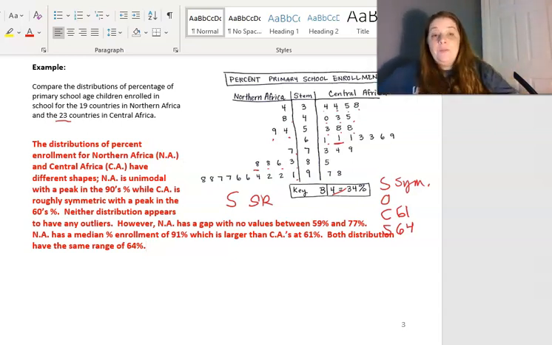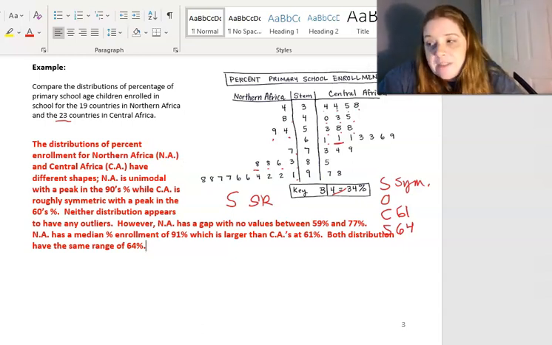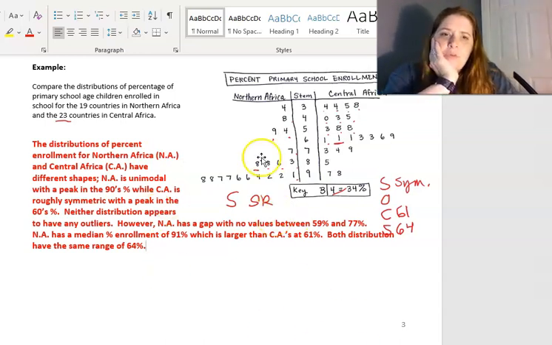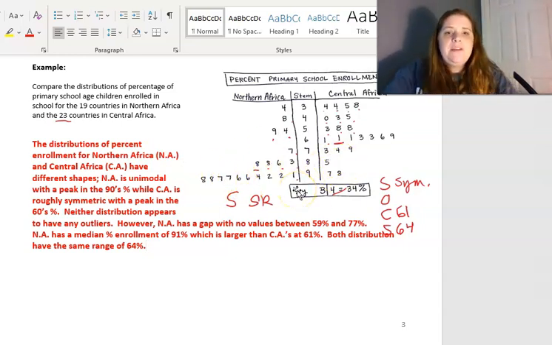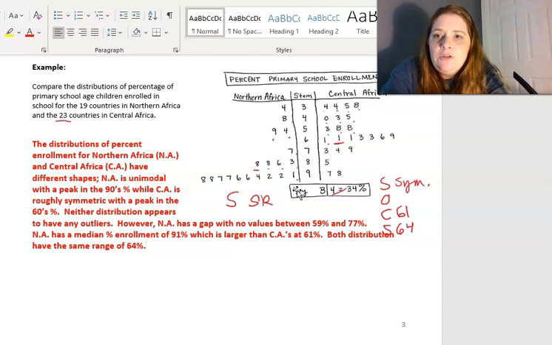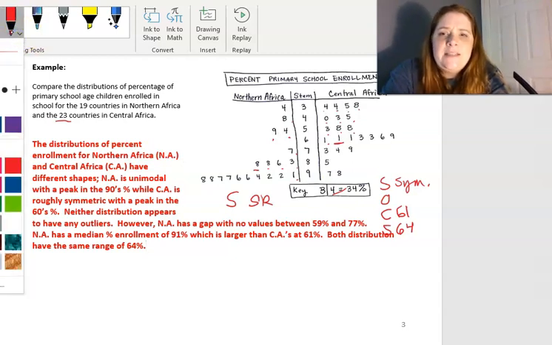Okay, so that's pretty good, but that's all the pieces. I got all the pieces in there, but what is this graph saying? Which group seems to have more kids enrolled? Looks like Northern Africa does. Remember, there's not that many values here, but my eyeball keeps coming back to this line at the 60s where there was a gap right here.